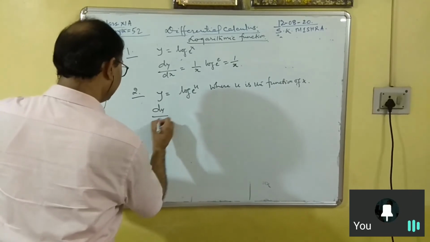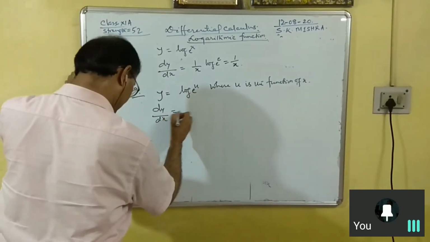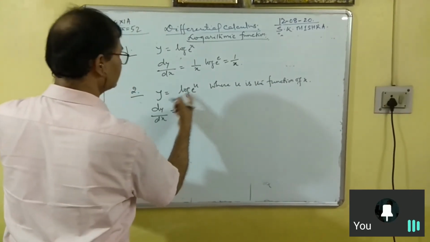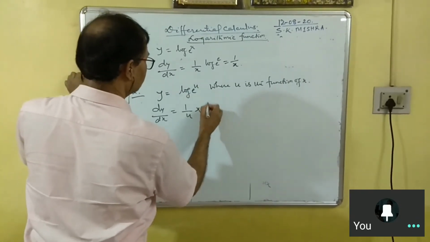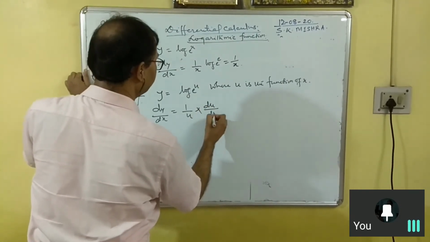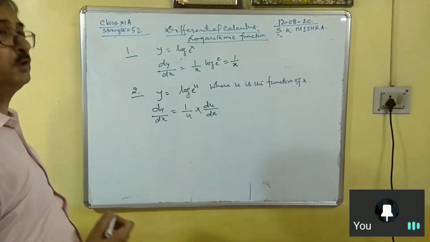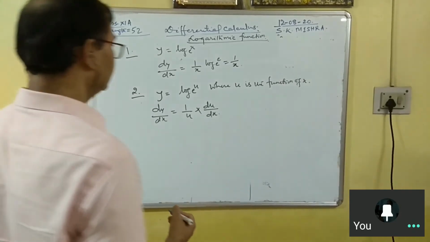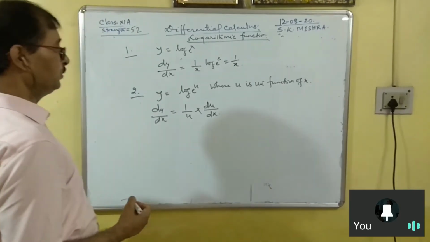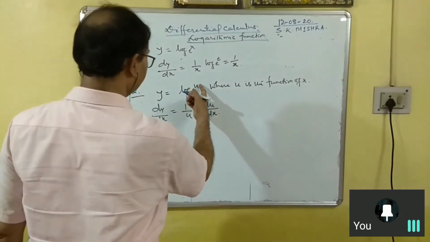Then dy by dx is, first, 1 by u, and then differentiate u with respect to x, du by dx. This way you can differentiate it.